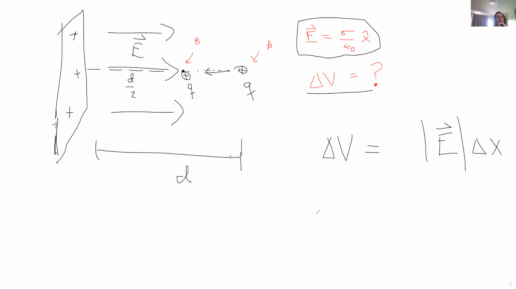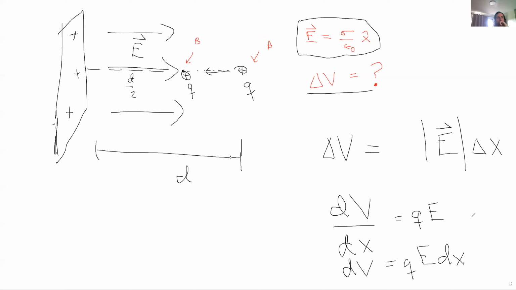You want to take dV by dx equal to qE, and you want to move the dx over. Is that what you're saying? qE dx. Yes, I like what I'm seeing here.